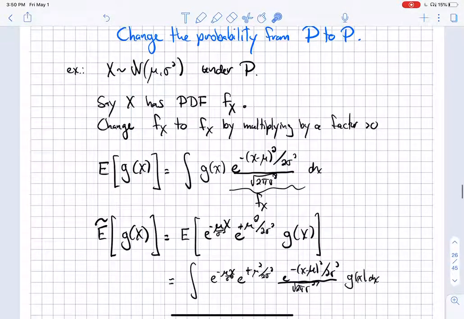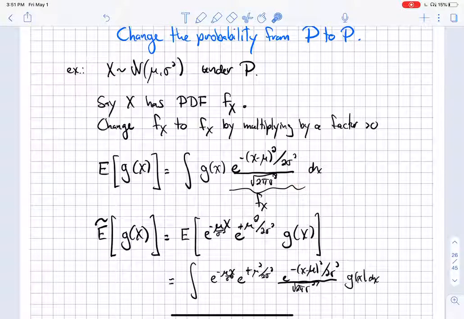Now, how can I change the weights that I give to every value x in such a way that I don't change the possible values? What are the possible values here? It's the whole real line, right? So I want to multiply that weight by a non-zero weight.